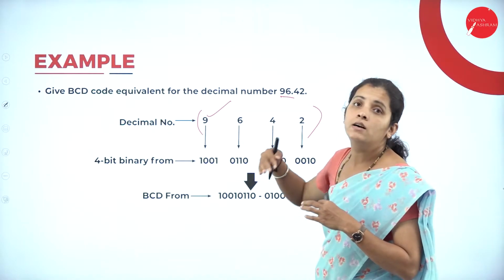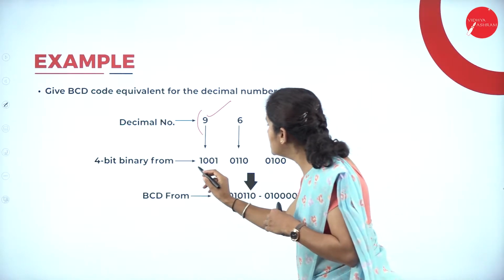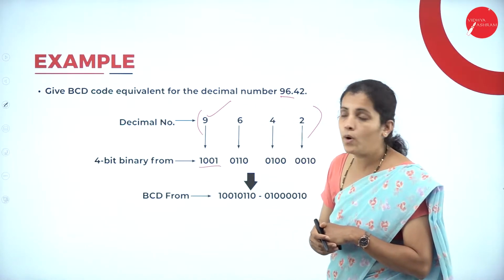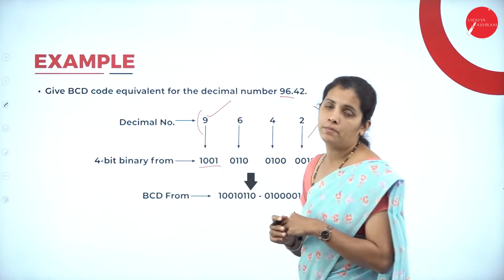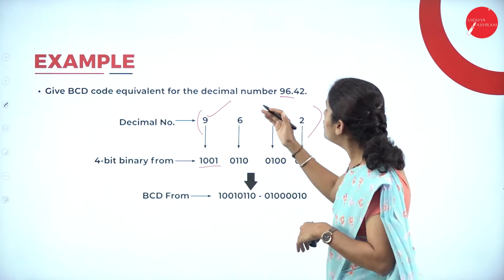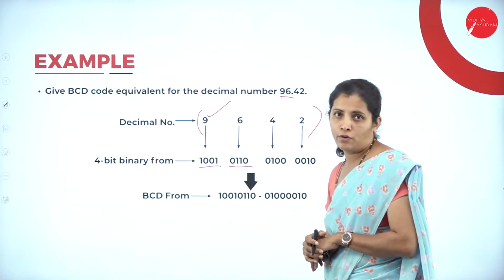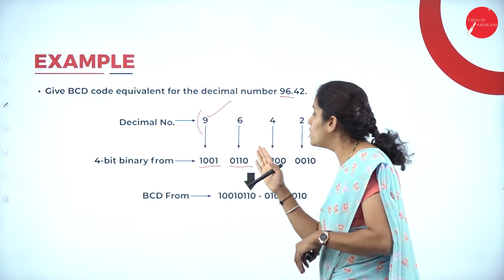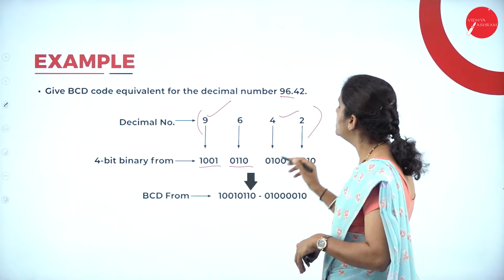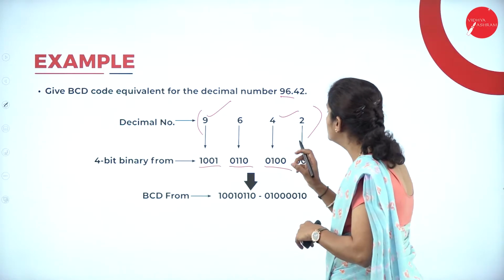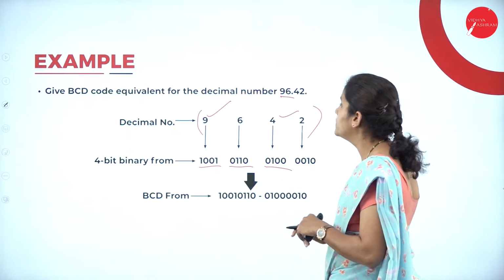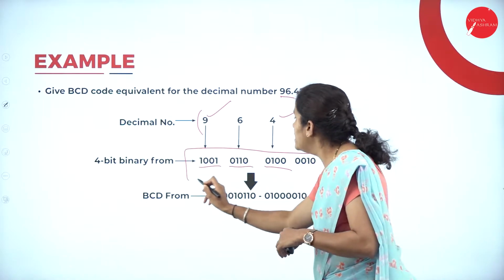So what is the binary equivalent? It is 1001. So that is the same as your BCD number. Then for 6, I'm going to use 4 bits, so 0110. For 4, the BCD representation is 0100. So these are the binary forms.